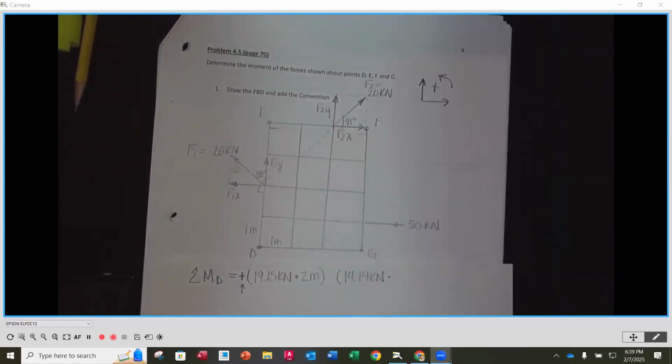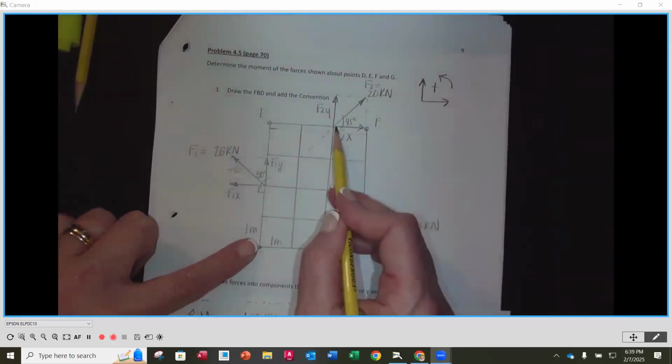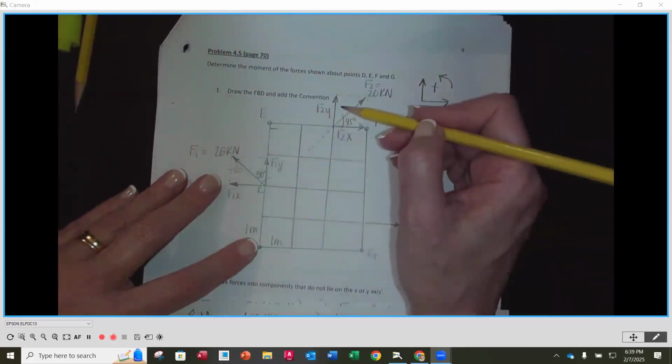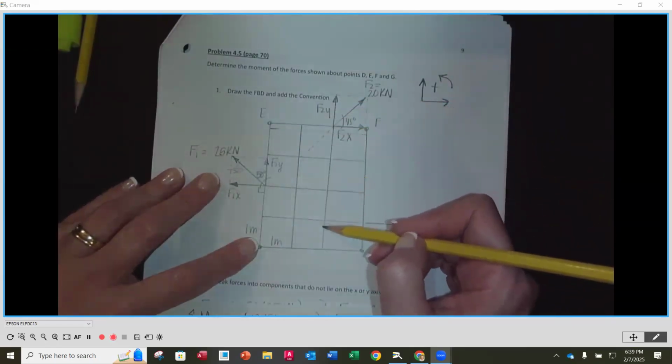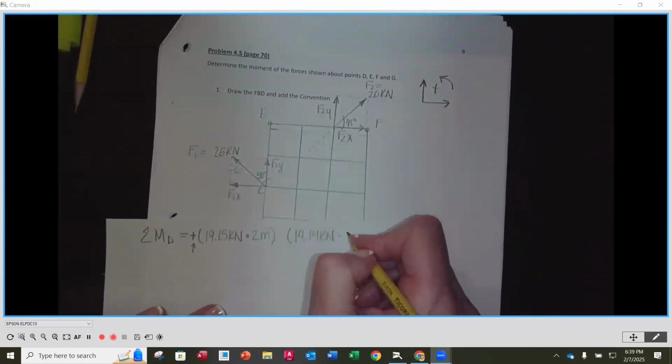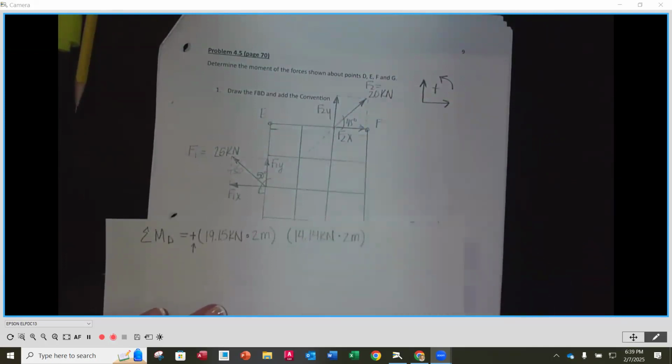Perpendicular distance. D is down here and F2y is up here. Principle of transmissibility: if I pull that all the way back along its line of action, I can reposition it right here. It'll have the same net effect on the body. Perpendicular distance is 2 meters. See that? So this is going to be times 2 meters.